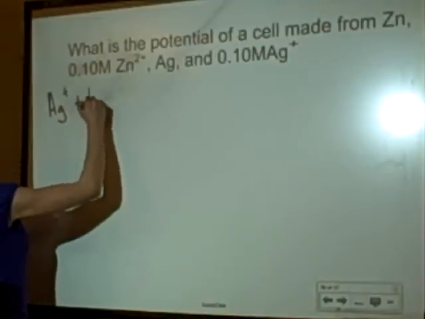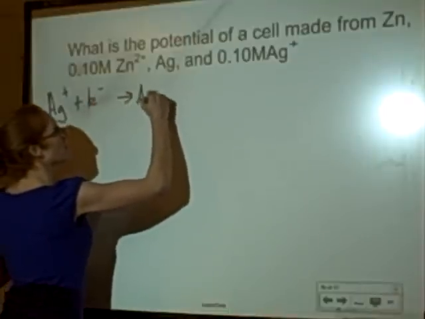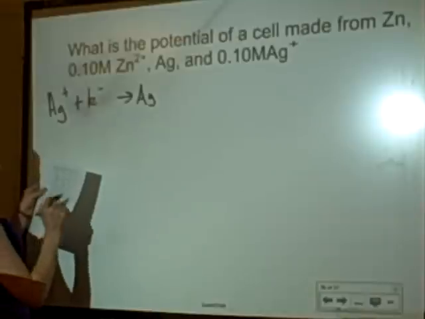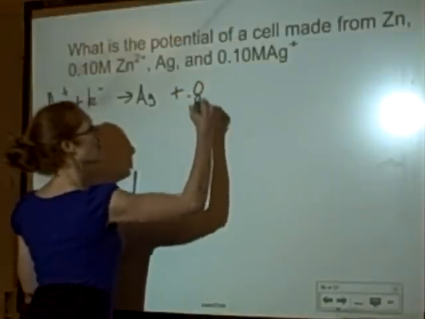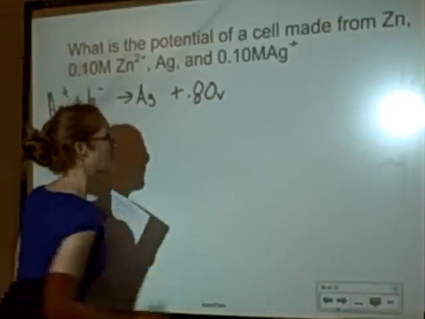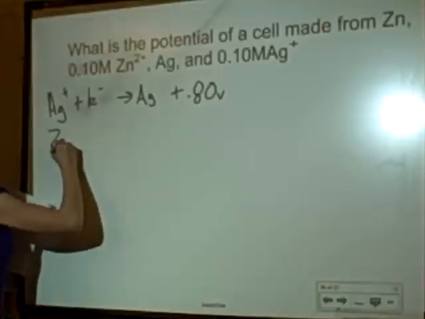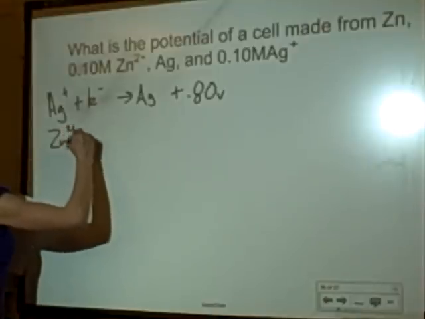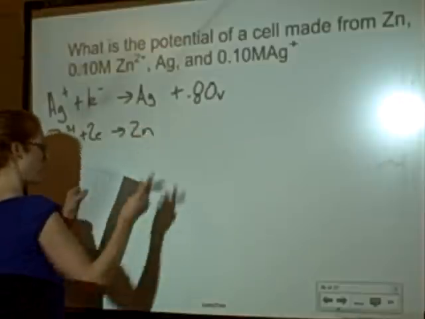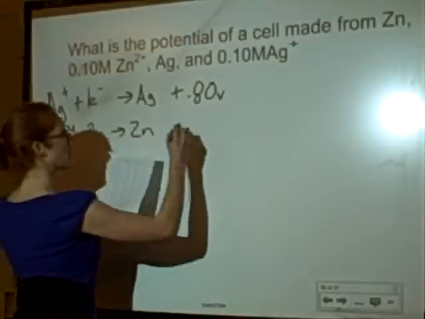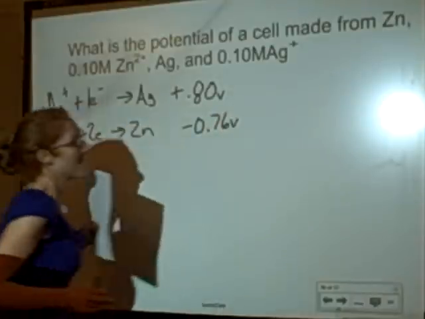When it's reduced, it gains 1 electron and it becomes silver. And that's positive 0.8 volts. Okay. Zinc, when zinc is reduced, it goes from being a 2+, it gains 2 electrons to become zinc metal, and that guy is going to be unfavored by 0.76 volts.